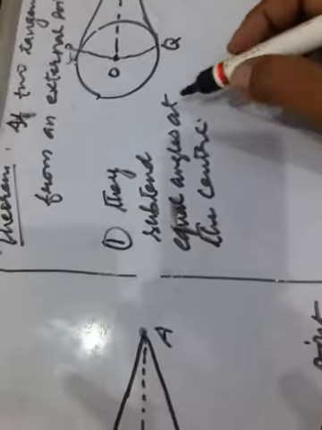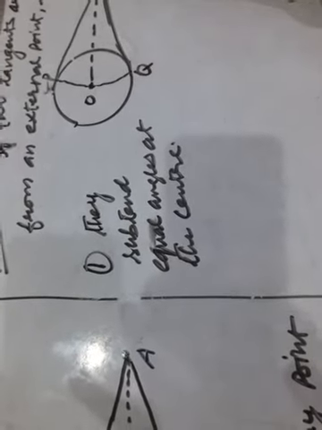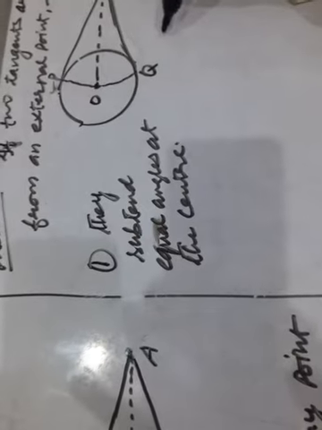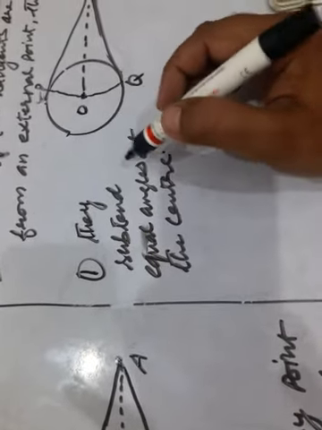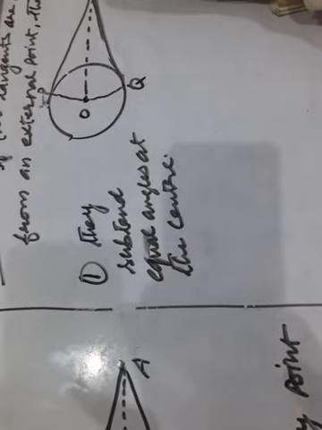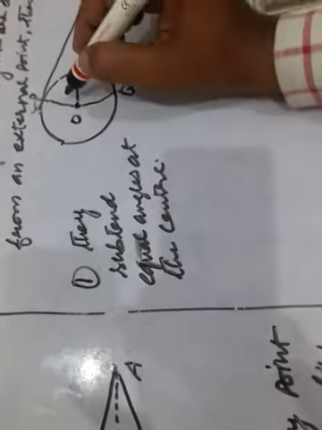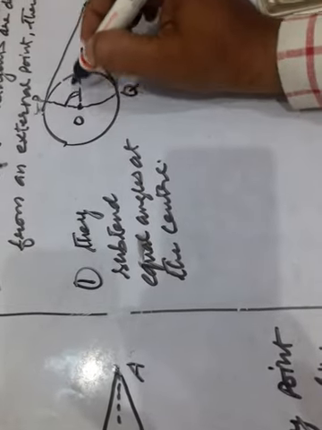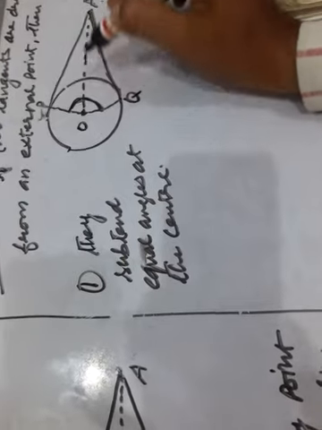What does it mean, children? If two tangents are drawn from an external point, here A is the external point, two tangents AP and AQ are drawn, clear? Then what happens? They subtend equal angles at the center. It means both the tangents subtend equal angles at the center, that is, this angle is equal to this angle, children.